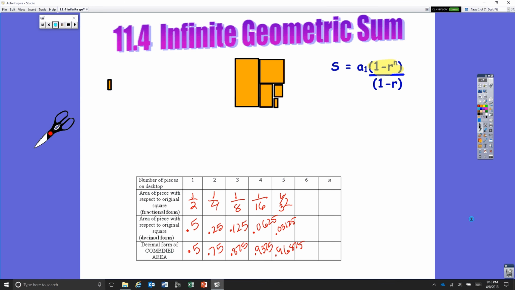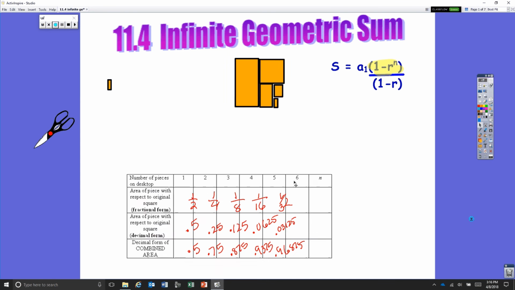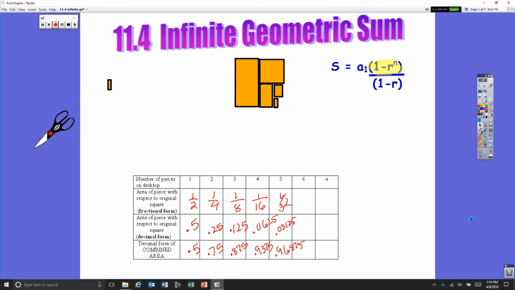And if I continue that one more time, I have 1/64th, which is 0.015625, added to the 0.96875, gives me 0.984375. So as you see, as we continue to increase our n, what is this getting closer and closer to?